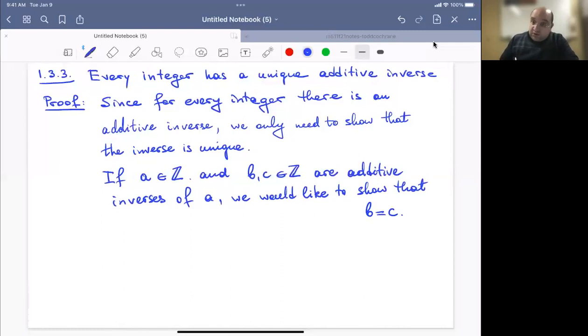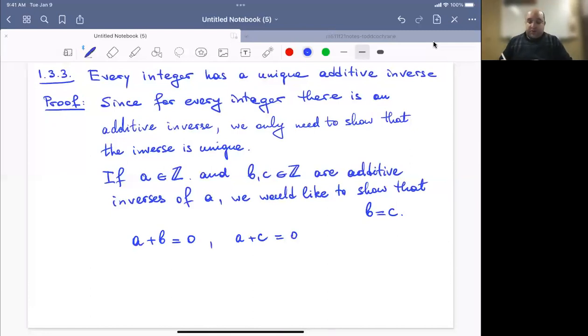Well, what does it mean to be inverses? It means that if we take A plus B, that's an inverse, so that's equal to 0. And A plus C is also equal to 0.